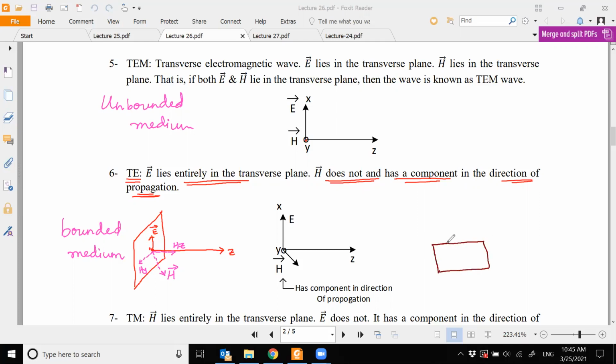Exactly. It's like a wire, but for electromagnetic waves and for waves which are required for antenna propagation, let's not take an example of a wire, but we take an example of what is called a waveguide or microstrip line.